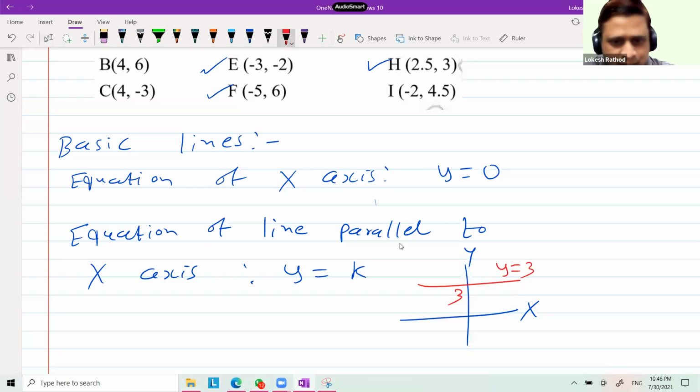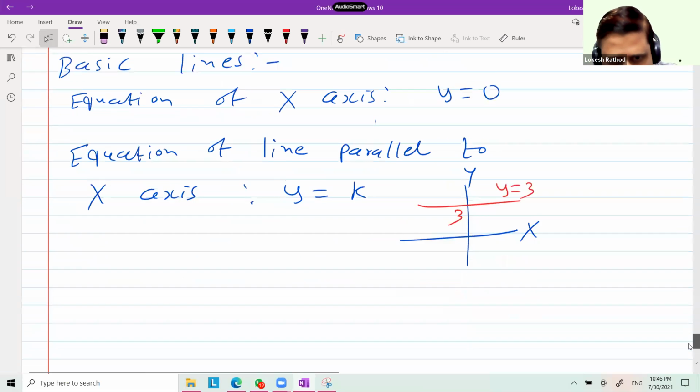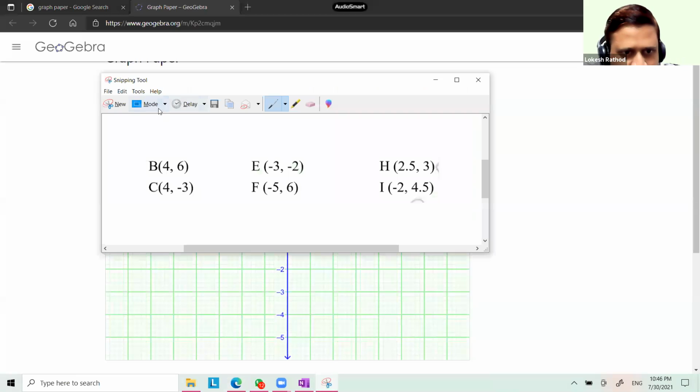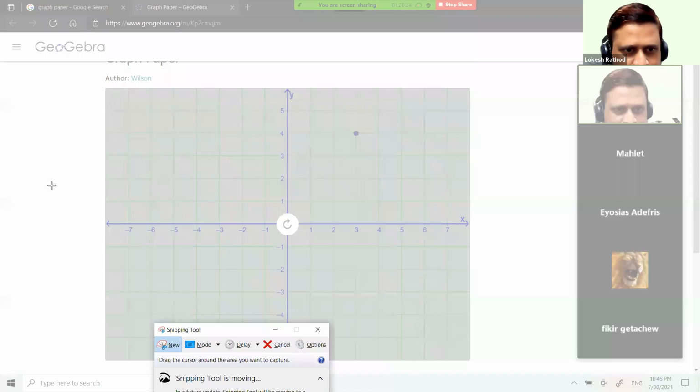Yes, it could be any number, but k is fixed once the line is fixed. So it is y equal to 3 if it is passing through this point. When I fix it, it is known.